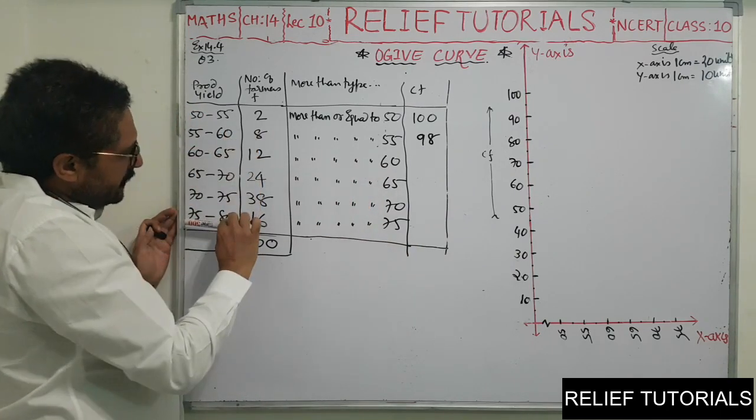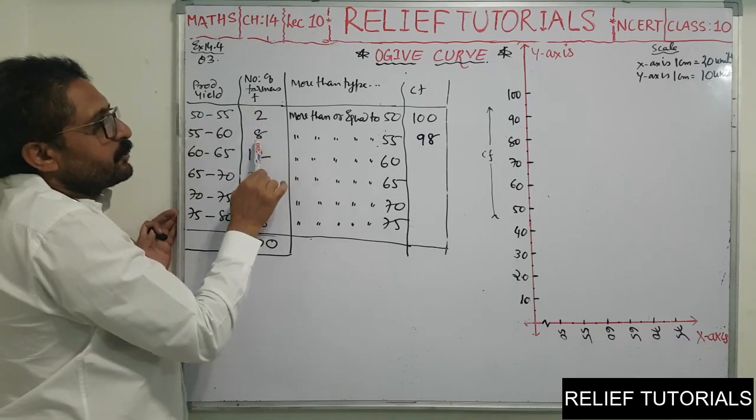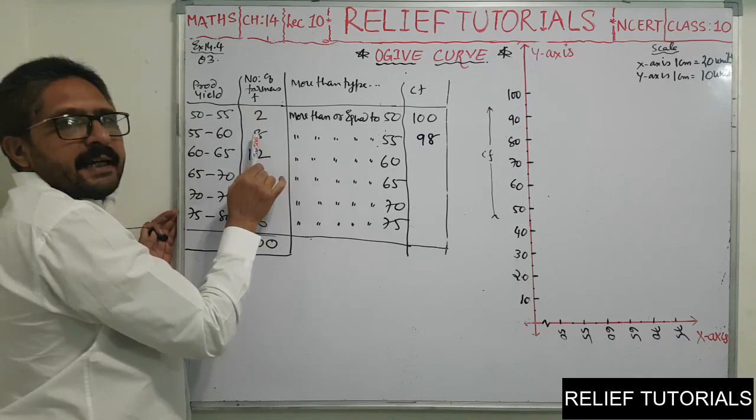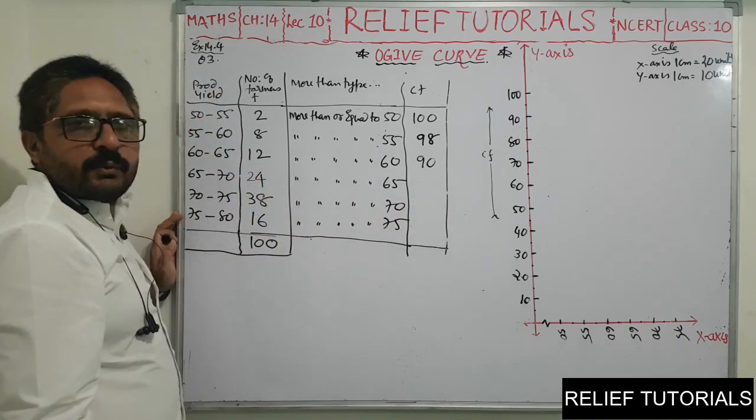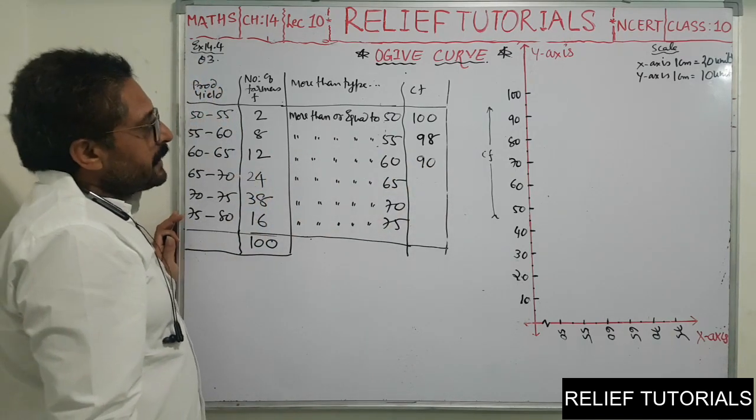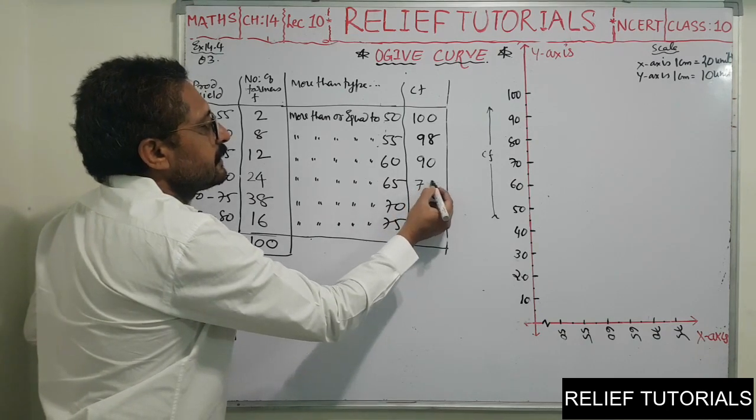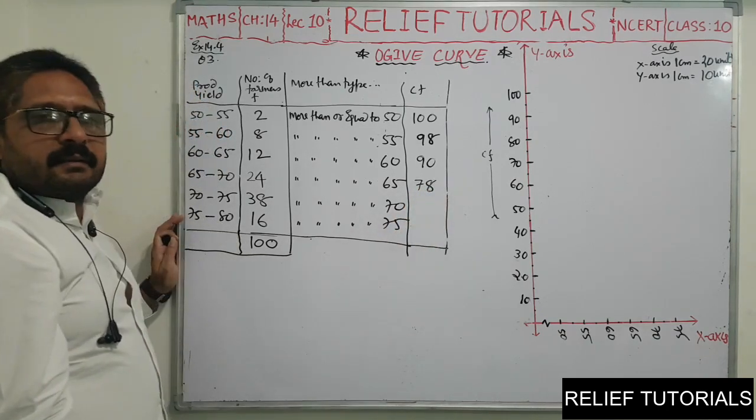Now more than 60. So more than 60 means all these farms. So from the total, you will separate these 2. So from 98, you will separate 8. So you will get 98 minus 8, 90. Now 90 minus 12, you will get 78. Clear?